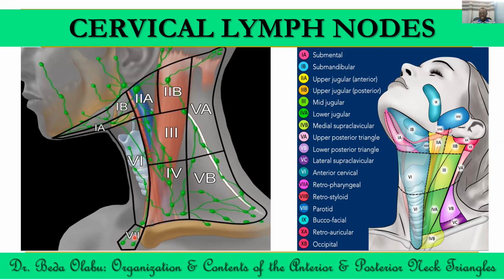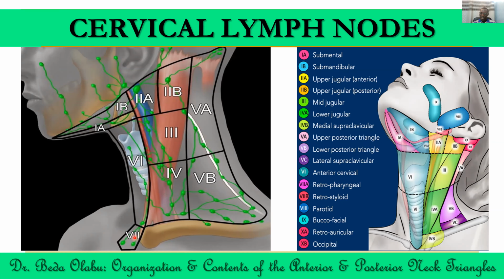You can also look at level 7 as prevertebral if you're an oncologist, or you look at level 7 as the retropharyngeal nodes if you're a head and neck surgeon. So just understanding of what level 7 is contentious. That's why I'm saying if you understand from number 1 to 6, that would be good.